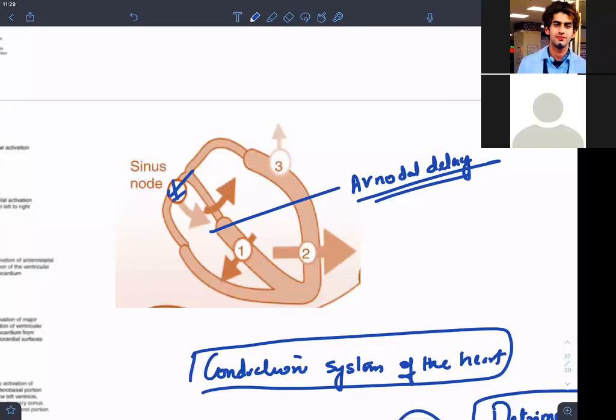And the beauty of this phenomenon is that if you are depolarizing the atria before the ventricle, you are helping in atrial systole, and you are letting the ventricles remain in ventricular diastole. That means atria will start filling into the ventricles.